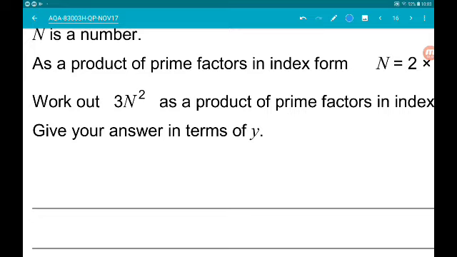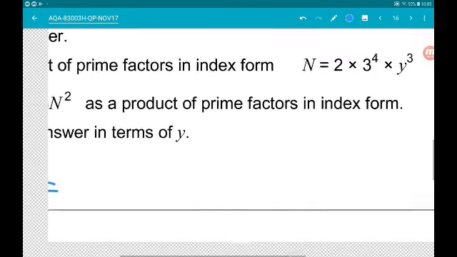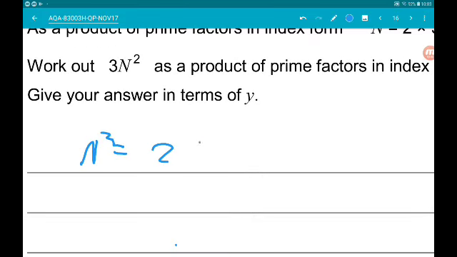So n squared would be 2 times 3 to the power of 4 times y cubed, all to the power of 2. Now, we have one long chain of multiplication inside of the bracket, so technically it's a single term inside of the bracket, just with different parts. When powers are separated by brackets, they multiply together.